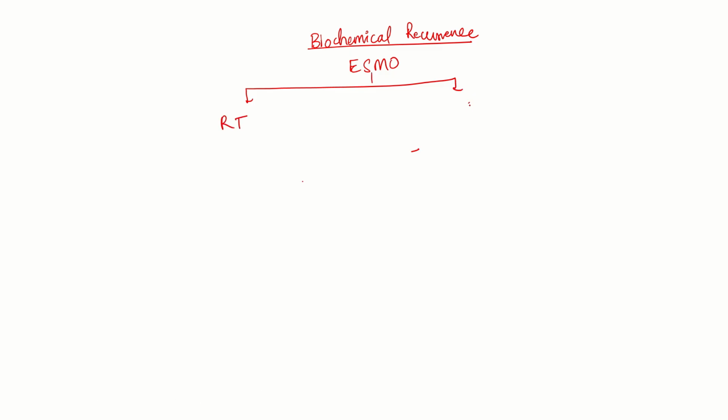what is biochemical recurrence. There's a clear definition given in ESMO guidelines. Biochemical recurrence following RT or biochemical recurrence following radical prostatectomy. Following RT, it is called as Phoenix criteria with a PSA nadir plus 2 nanograms per ml.